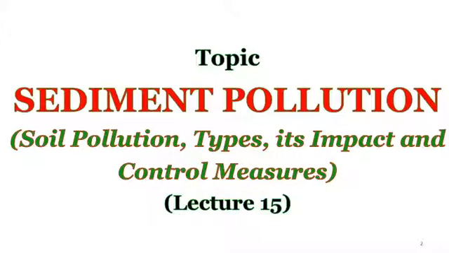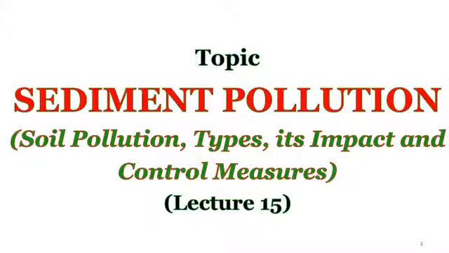So in the previous lecture we have studied what is soil pollution, various types, its major causes. Now the remaining types and its various effects on human beings, on the living organisms and the control measures will be discussed in lecture number 15 and lecture number 16.